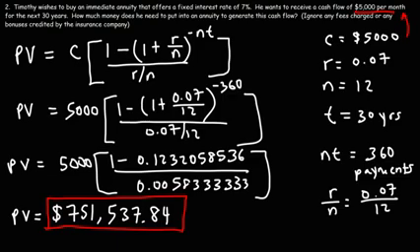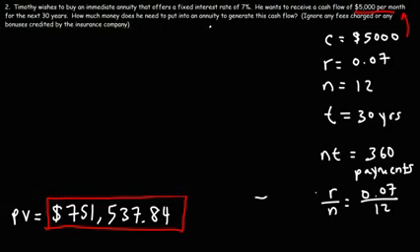Now, let's see the total amount of money that the insurance company is paying John, and let's compare it to the amount of money that he's putting into this insurance contract. So the insurance company is paying him $5,000 per month.